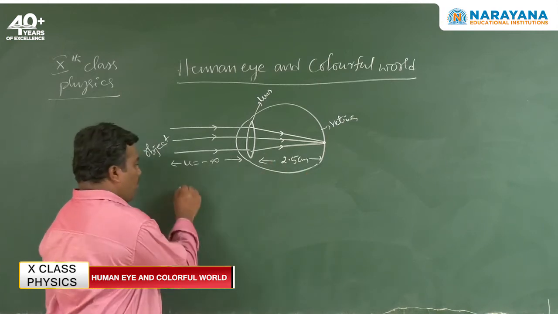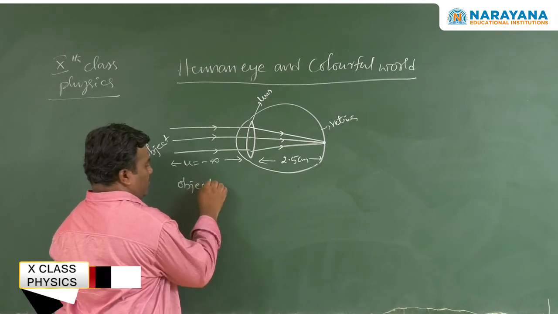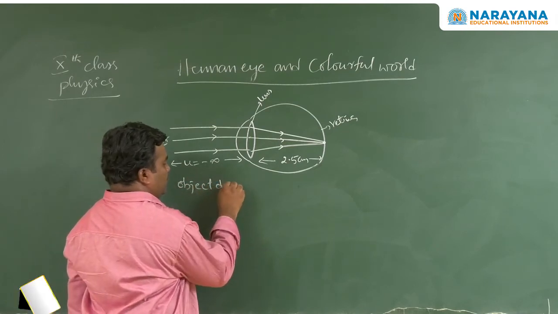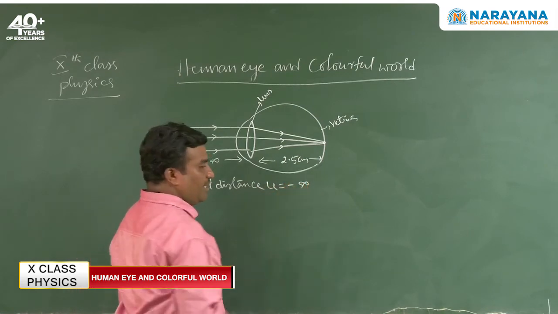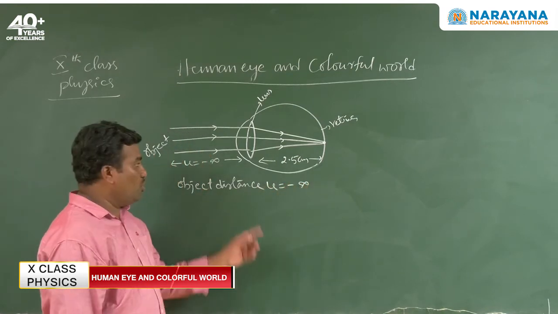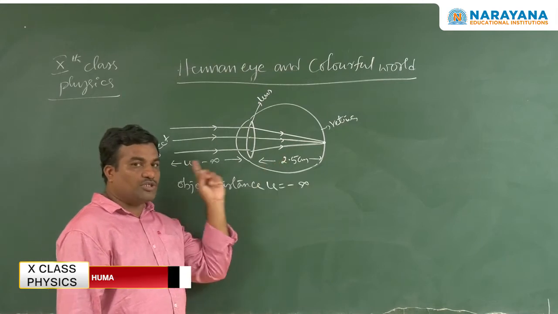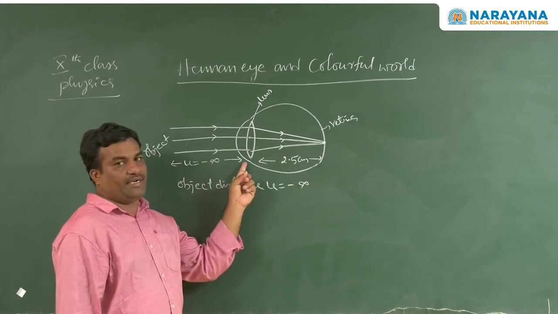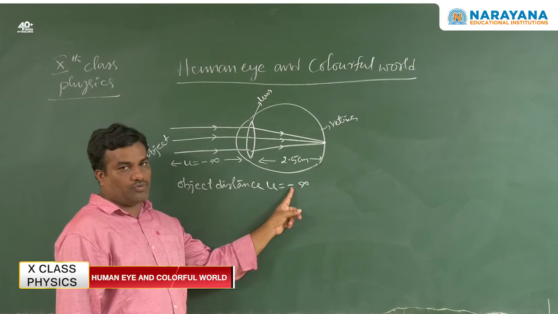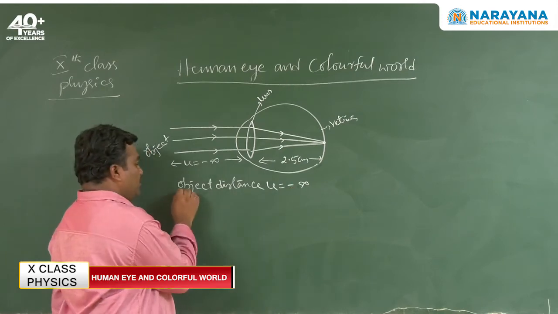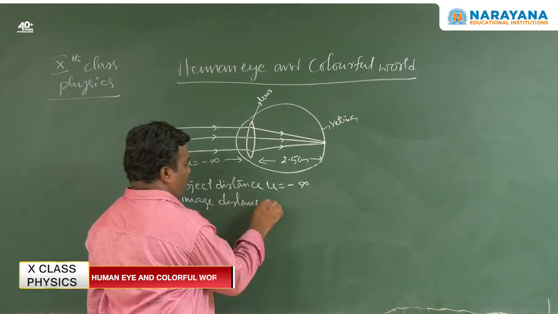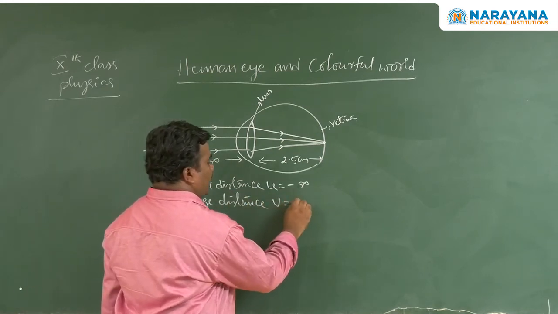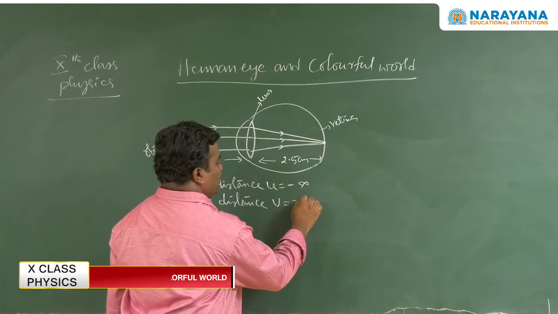Now we write the object distance u equal to minus infinity. Sign convention must and should be followed. It is opposite to the incident ray direction, that's why we take the negative sign. And the image distance v equal to 2.5 centimeter.